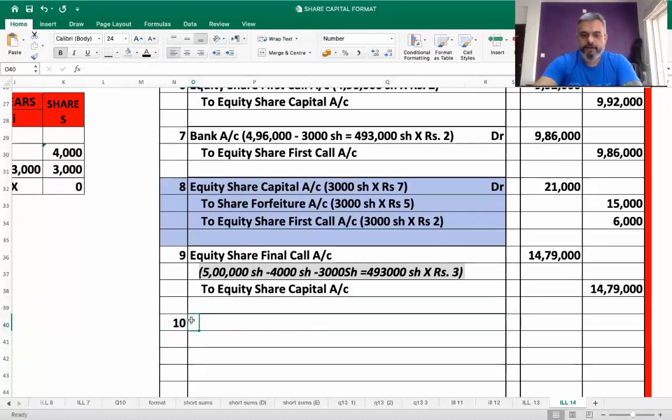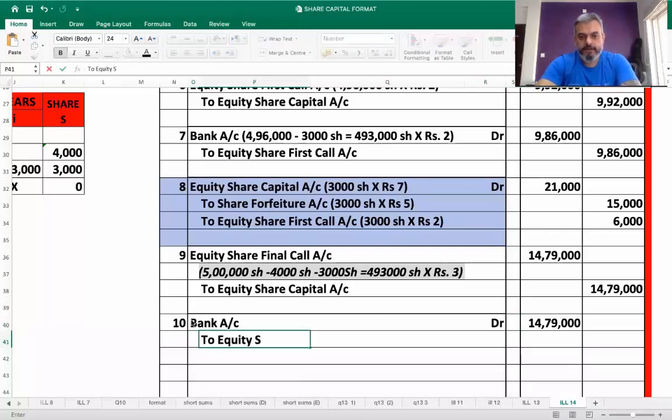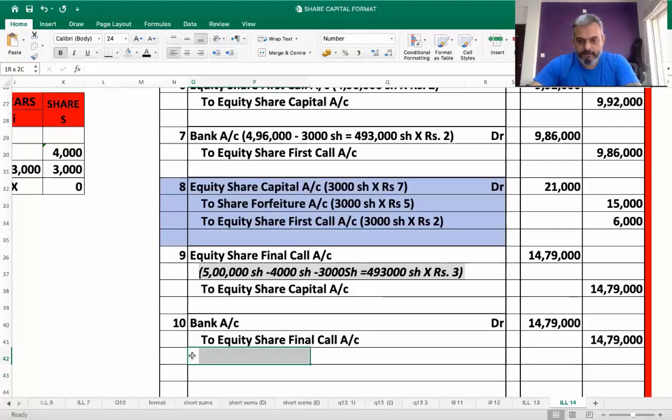And we received everything on the final call, so bank account debit 14,79,000 to equity share final call account, 14,79,000. Close it.